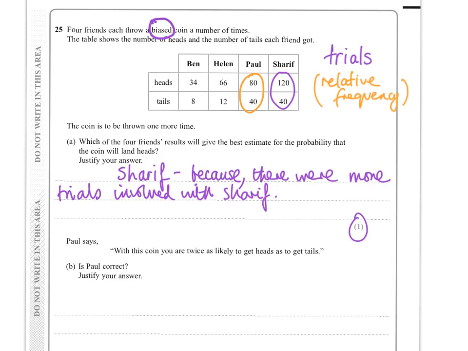Now Sharif threw the coin 160 times in total and got 120 out of 160 as heads. Now, if you think about it, was the number of heads twice as much as tails? Well, no, it wasn't. It was 3 times as much.